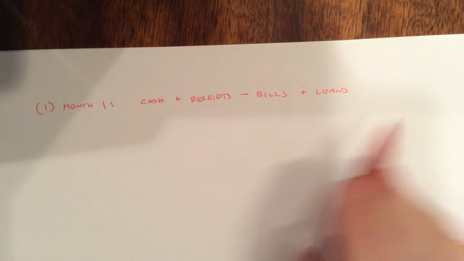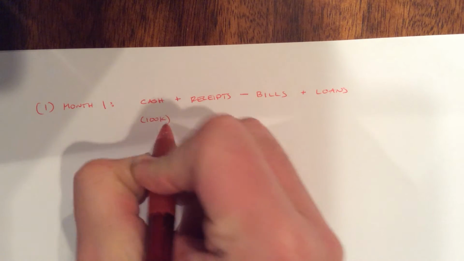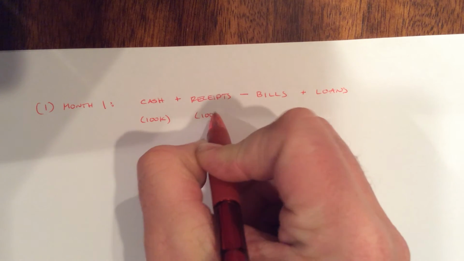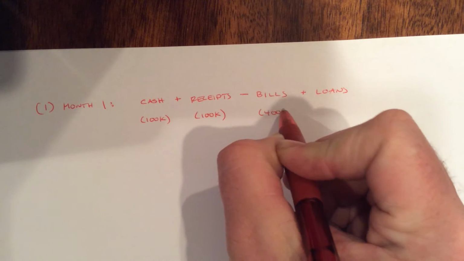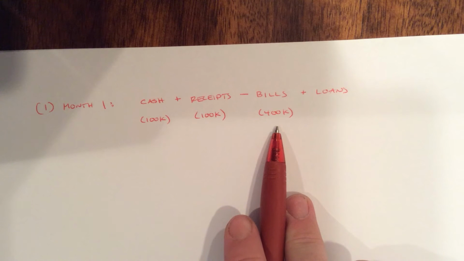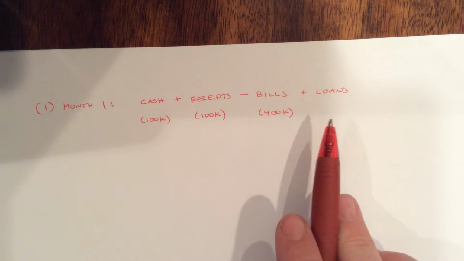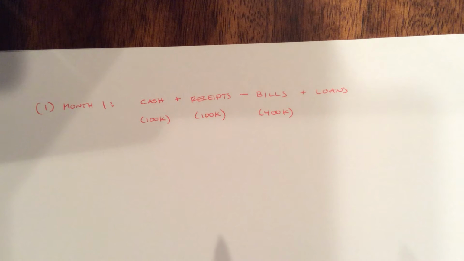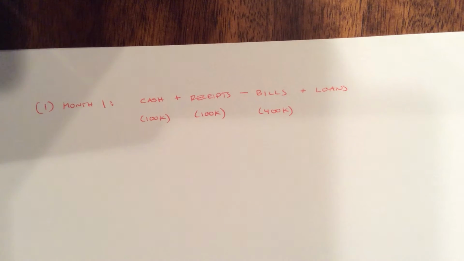All right, so let's think of this real quick. Cash on hand is $100,000. Receipts, we had $100,000 in sales, but our bills are $400,000. So right now we're in the hole by negative $200,000. So we're going to need to take out a loan for at least that amount. But the other constraint is the company likes to maintain a cash balance of at least $20,000 at the end of each month.